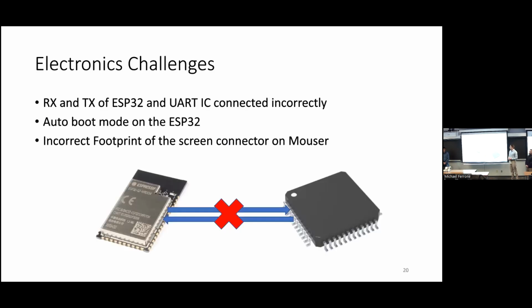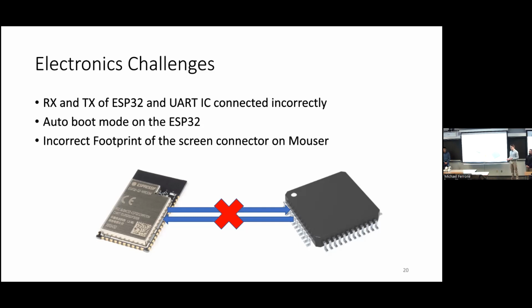Next slide. So some of our challenges for the electronics. I'll start with some things that were sort of easy to fix, and then go on to one of the major issues that we had to redesign the board for. Starting with the RX and TX, that's the receive and transmit between our ESP32 and our UART chip. And the UART chip is what allows us to connect to the computer and program the ESP32.